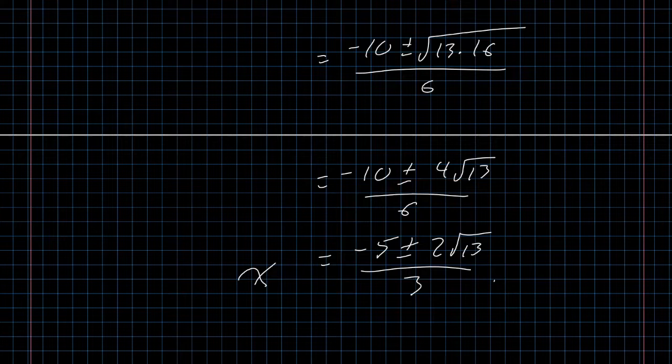Negative 5 minus 2 times 4 is negative 13. So somewhere in the general vicinity of negative 4. And then the positive one will be somewhere in the vicinity of 1 or 2. And you can test around there if you're very careful to avoid the points in question.